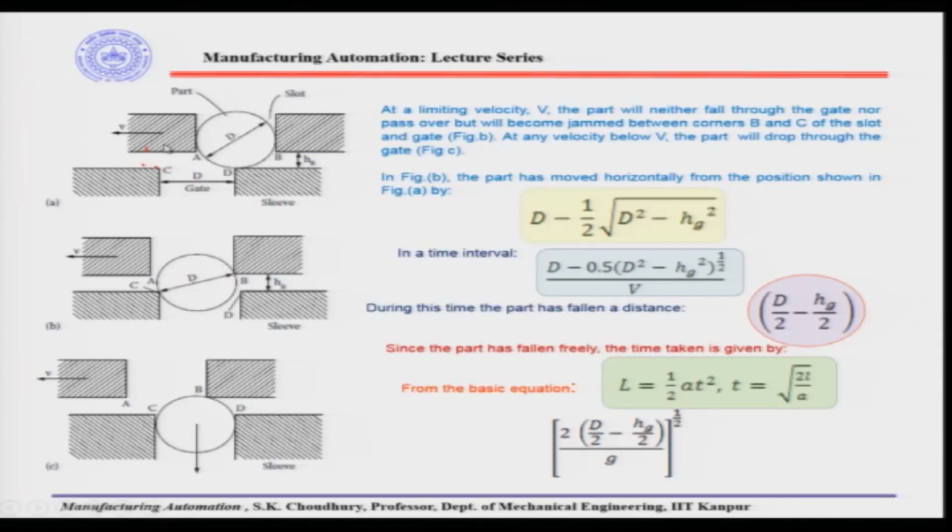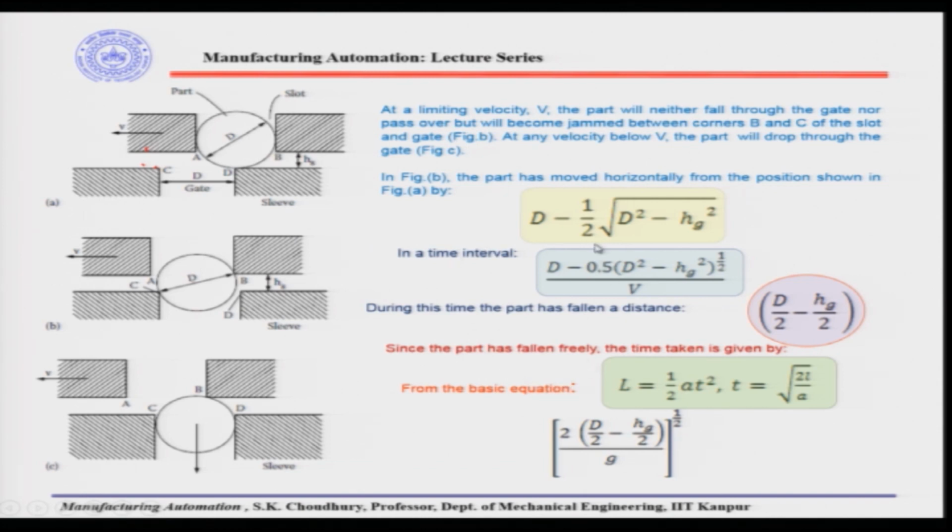The part is moving horizontally because of the velocity that the inner rotary disc has, and this distance moved horizontally can be given as d by 2. This d by 2 we can figure out from d minus the d by 2, which will be half of the square root of this square minus hg square. This is the d. So, this square is equal to this square minus hg square. hg is the gap between the inner sleeve and the outer sleeve.